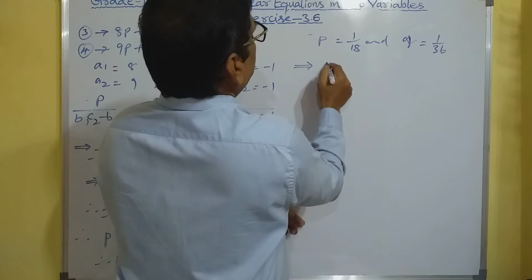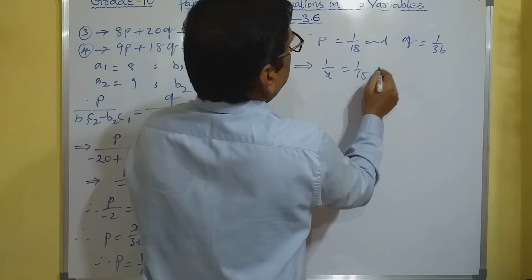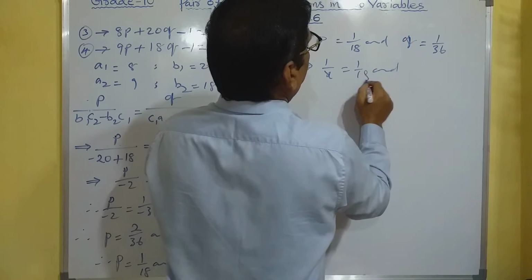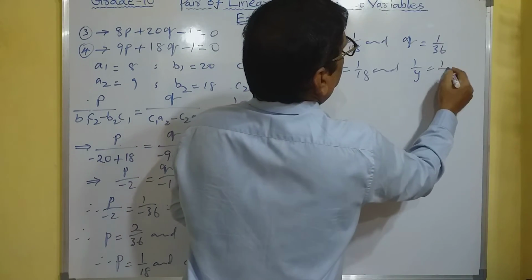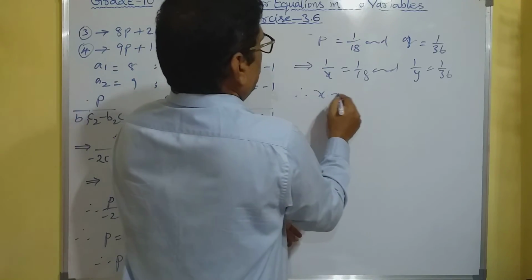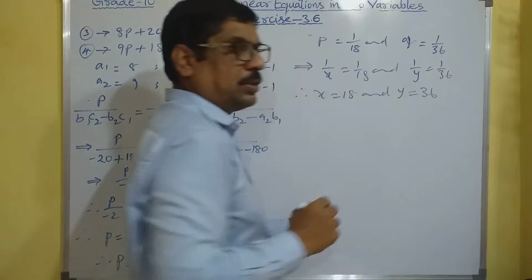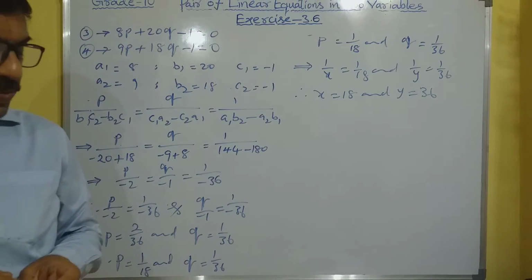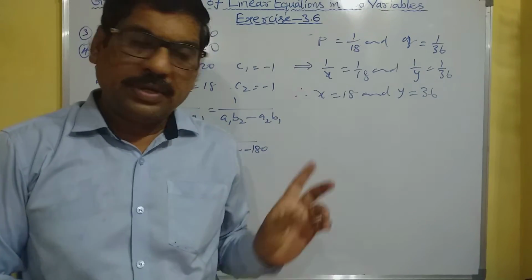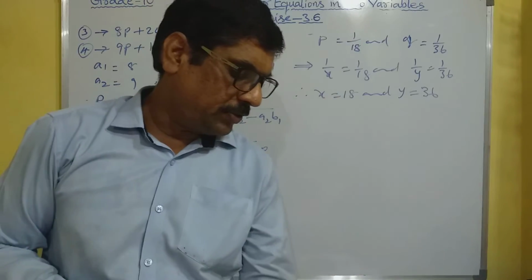This implies 1 by x is equal to 1 by 18 and 1 by y is equal to 1 by 36. Therefore, x is equal to 18 and y is equal to 36.